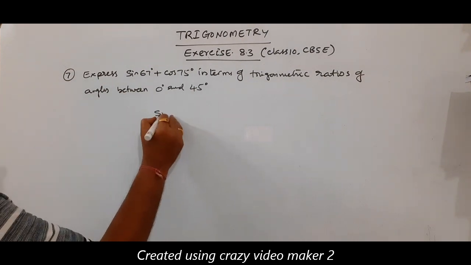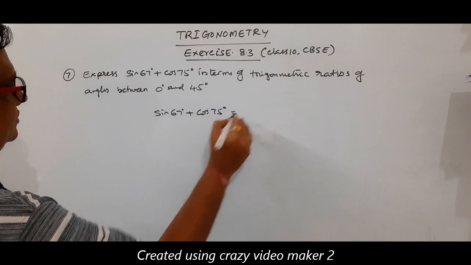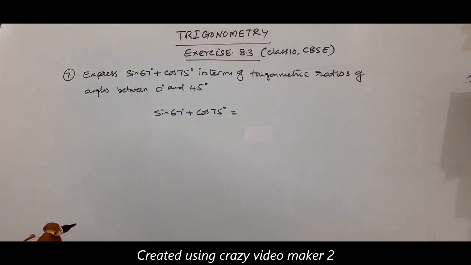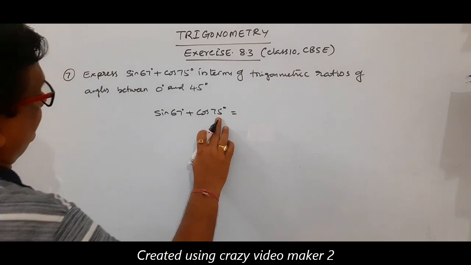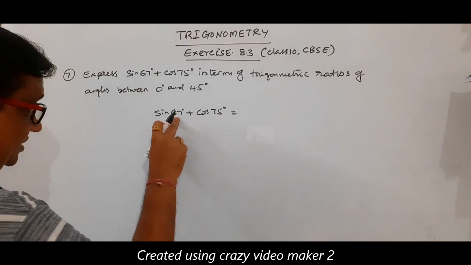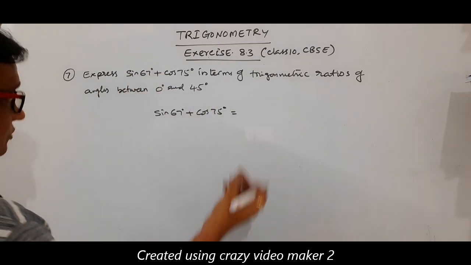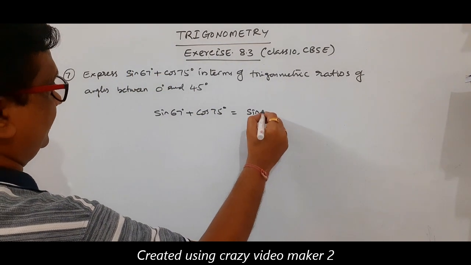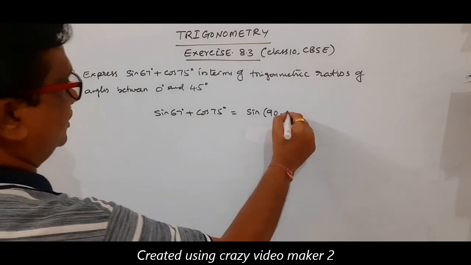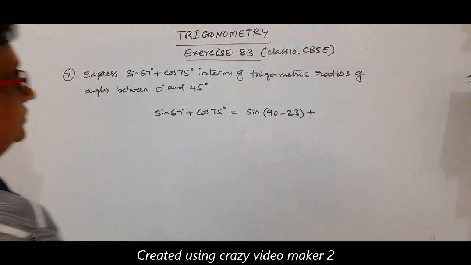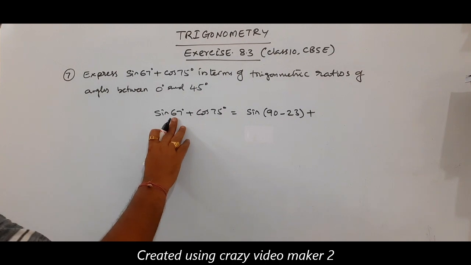So first of all, sin 67 degrees plus cos 75 degrees. So what is the complementary of 67? You think. That is sin of 90 minus 23, plus sin of 90 minus 23. 90 minus 23 is 67.